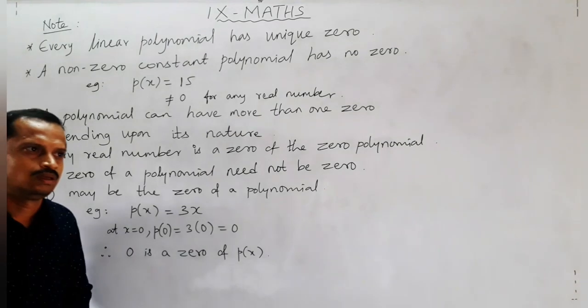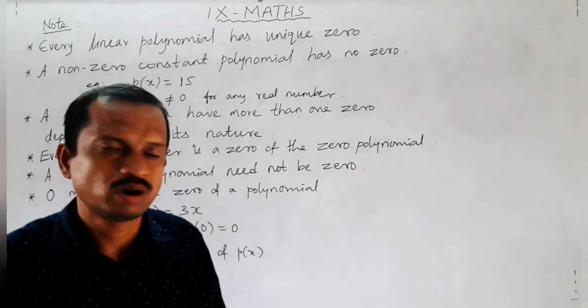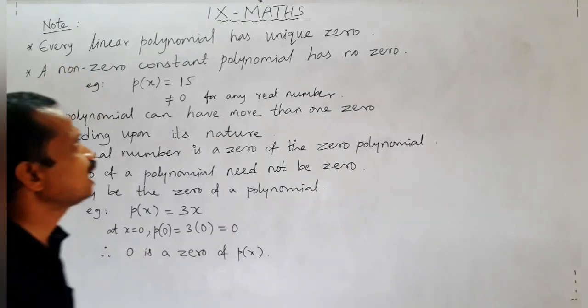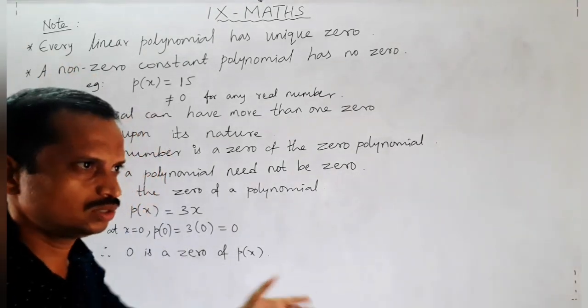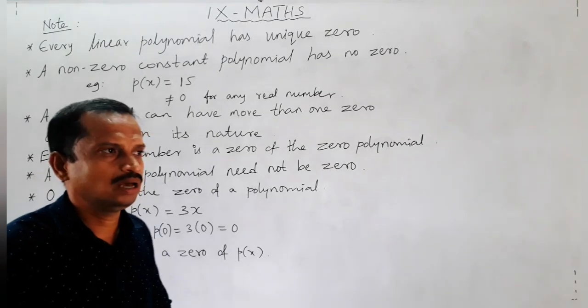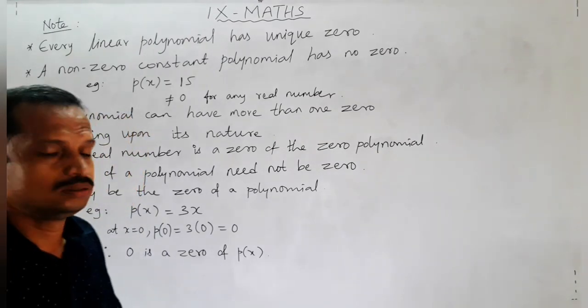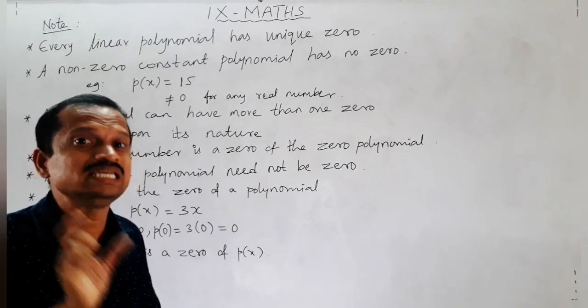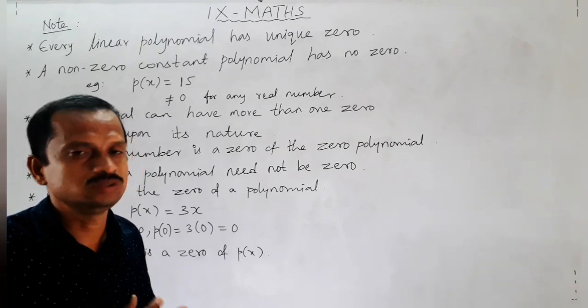And now we are coming to see some notable points. Every linear polynomial has a unique zero. Just now, with an example, I have explained to you the zero of a polynomial, and also that a linear polynomial has only one zero.